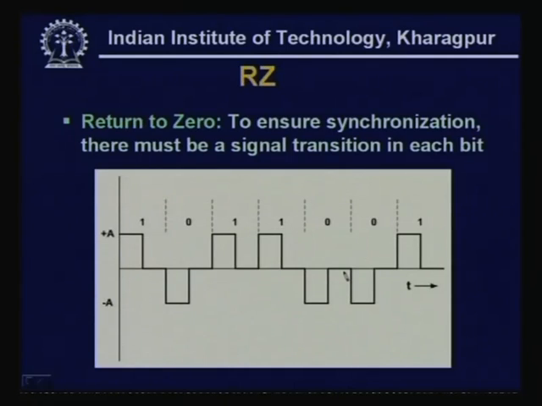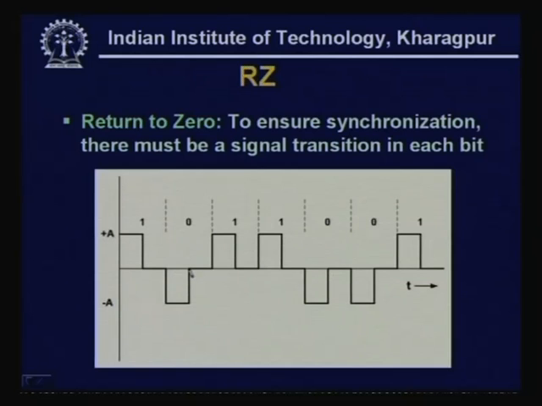To overcome that, we can use RZ encoding, known as return to zero. Here, for each bit, the signal returns to 0. If the data is 1, it is plus A, then at the middle point of the bit it returns to 0 and remains there. And for 0, the signal value is minus A.